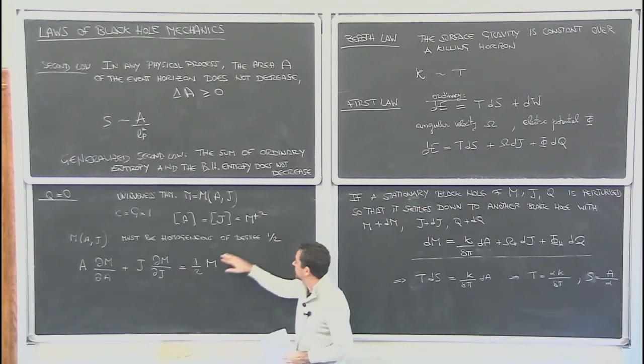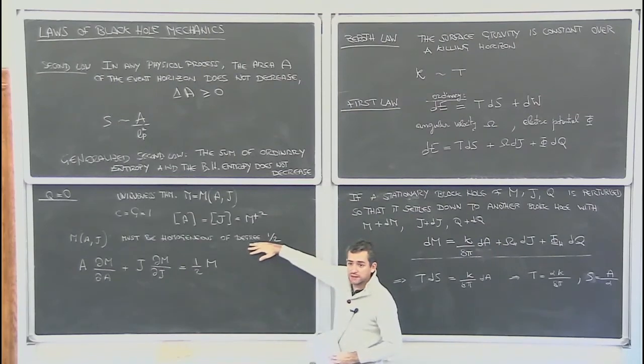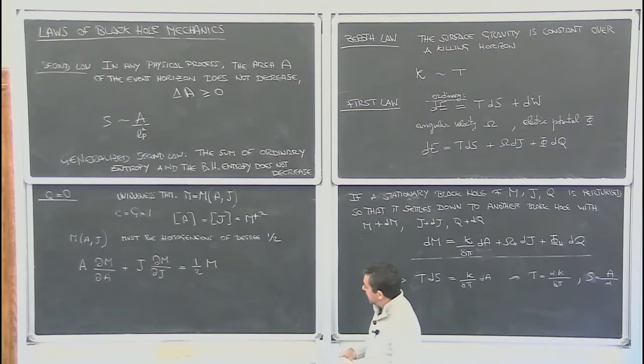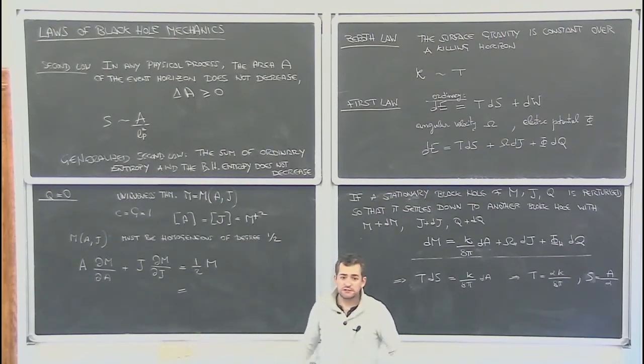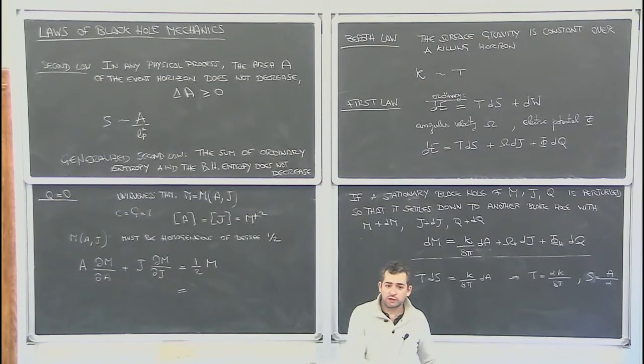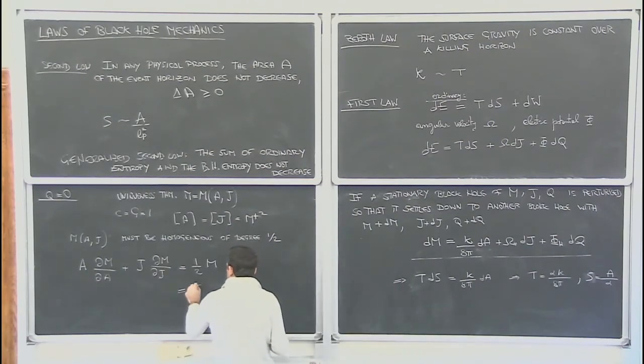This 1/2 is the degree of homogeneity. Okay. And now we use the Smarr relation that we derived and we demonstrated it's true in general. We checked it for Kerr-Newman, but we derived it more in general. So this is a general relation that we can use here.